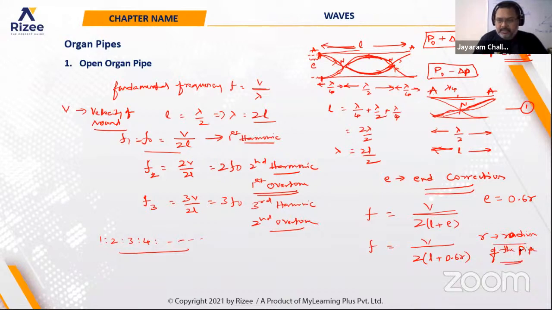Okay, so this is the fundamental frequency in terms of the radius and also in terms of the end correction. And the open pipe will have these particular ratios of frequencies.